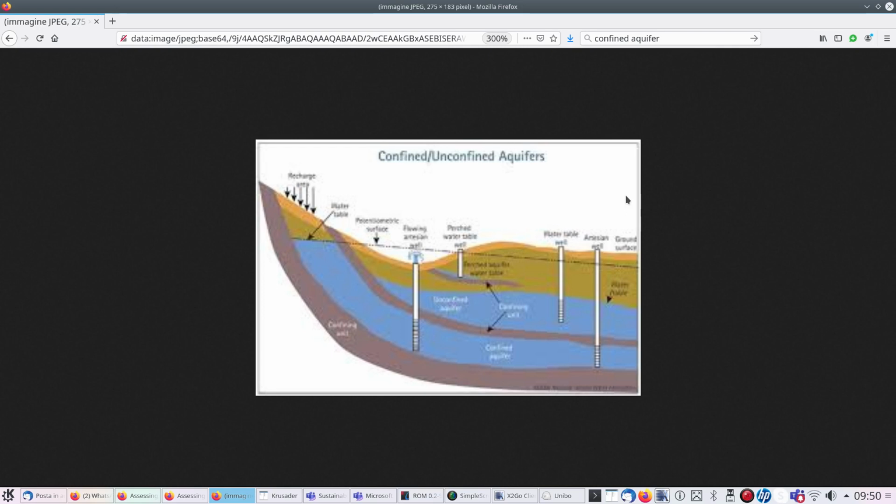So what is the important message that I want to give you? We can distinguish the aquifers in two main categories, confined ones and not confined ones. The not confined one is also called phreatic aquifer, and the water needs to be pumped in order to be used because it's underground. Water is underground at atmospheric pressure.